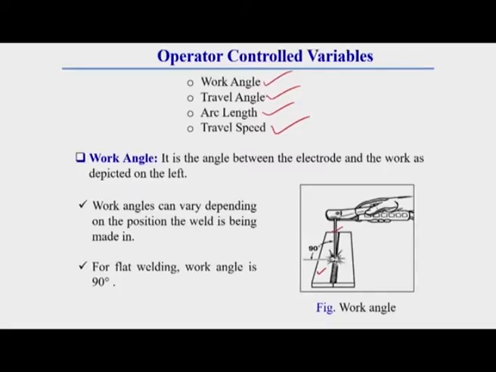But for flat welding operation, the angle is generally within a range of 90 degrees. That means the angle is 90 degrees in case of flat welding operation. Here you see this is the angle, 90 degrees. This is the work angle for flat welding operation.